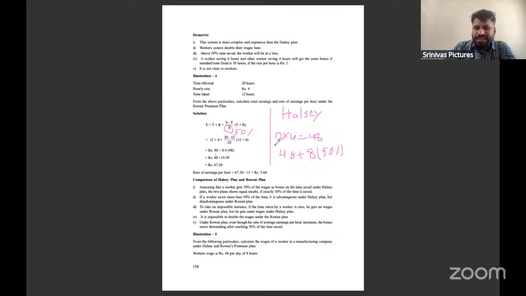That is whatever the actual amount is there, 8 into 12 into 4. So total that is 48. 50% means again how much? This is 4 hours.